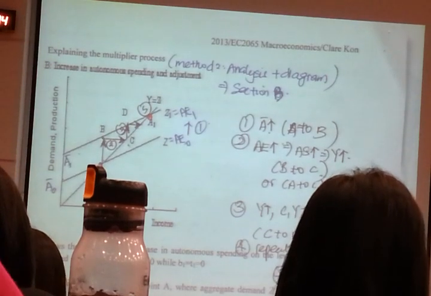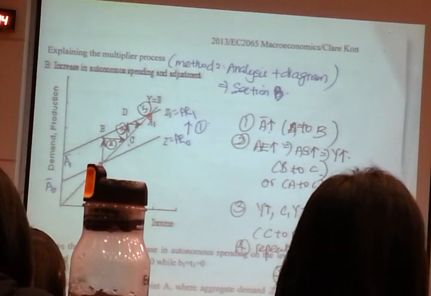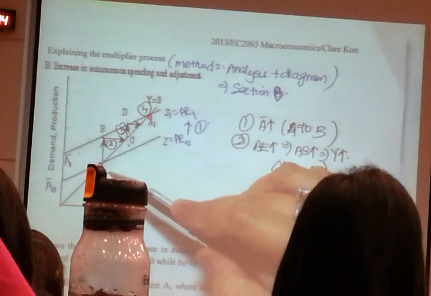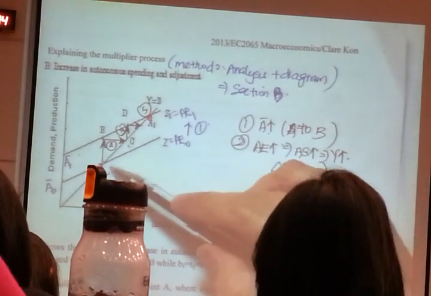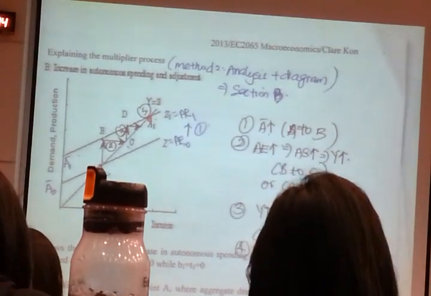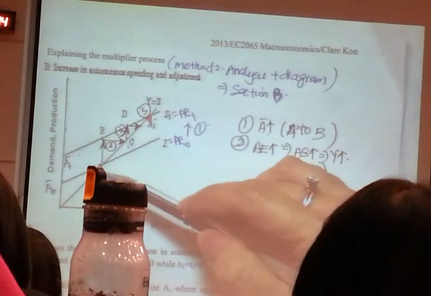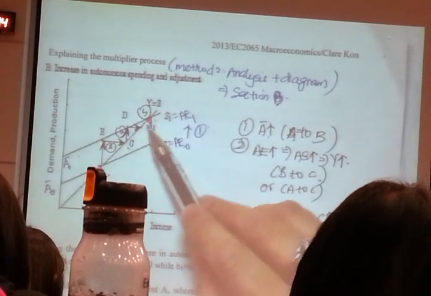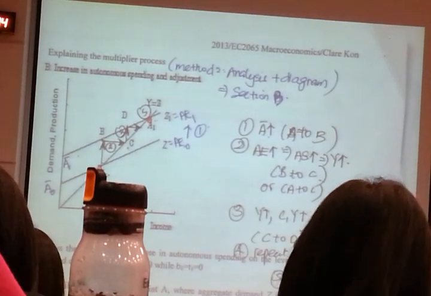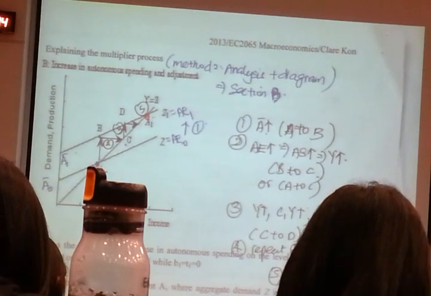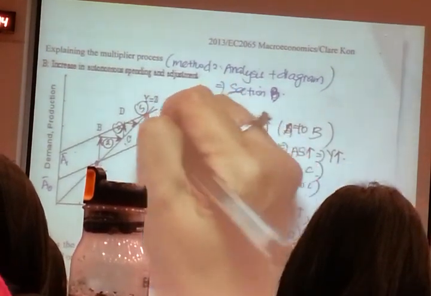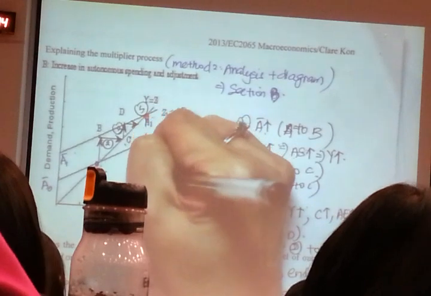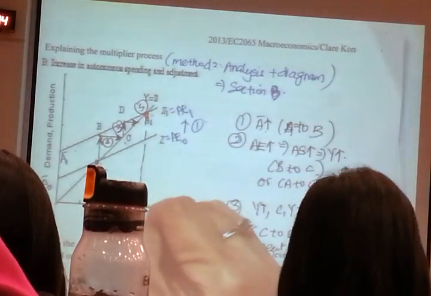But when you do the diagrammatic approach, it's not draw and say A goes to A1. It's not. It's A goes to B. Then you have to explain that triangle. And then therefore you can see at point A1, when you bring it down, that's your Y2.